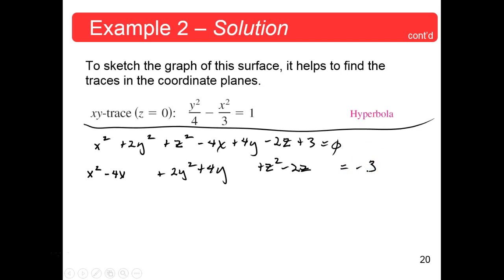Now, all I've done is rearrange and left some blanks and move the constant to the other side, right? Because these 2 terms are exactly those 2. These 2 are exactly those 2. And these 2 are exactly those 2. I just took the +3 and moved it to the other side. I got -3.